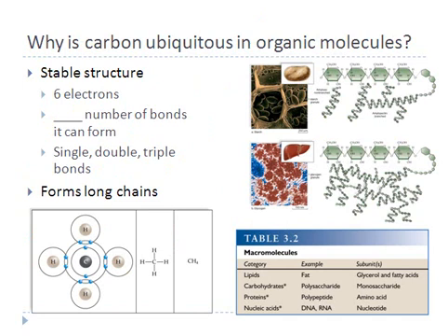Why is carbon so essential to be present in all organic molecules? If you go back and look at the periodic table, you will find carbon has the number 12 written over here and 6 there, which means that it has 6 electrons. Now, if you recall, I did give you previously how the electrons were arranged. The first shell can hold 2, and the second shell can hold 4.